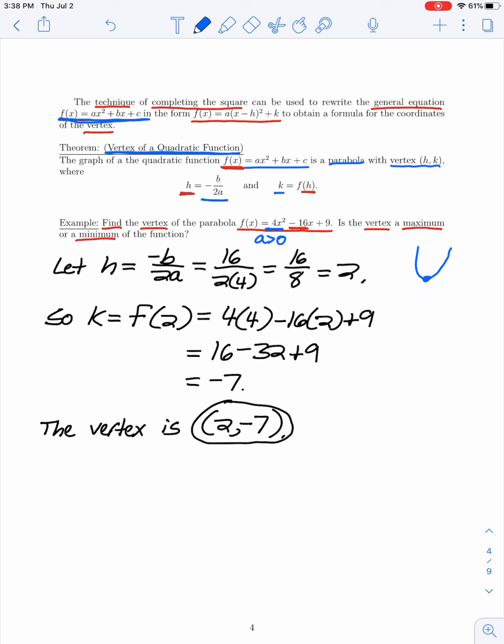So in that case, our vertex is the lowest point on the graph of our function. So in our answer, we can say the vertex is the point 2, negative 7, which is a minimum. Okay.